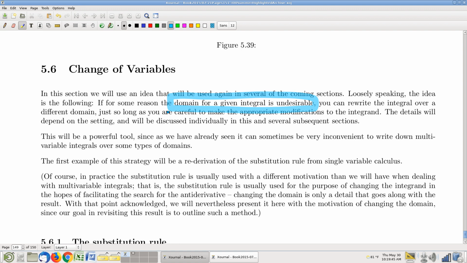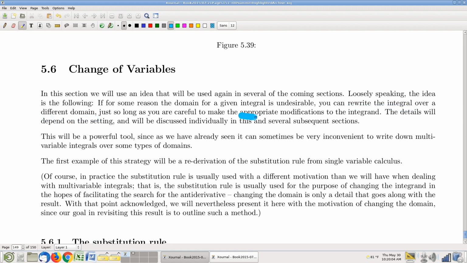So if you have an integral with an undesirable domain, wouldn't it be nice if you could rewrite the integral over a different domain? Wouldn't that be super? Now, obviously, you can't just change the domain.